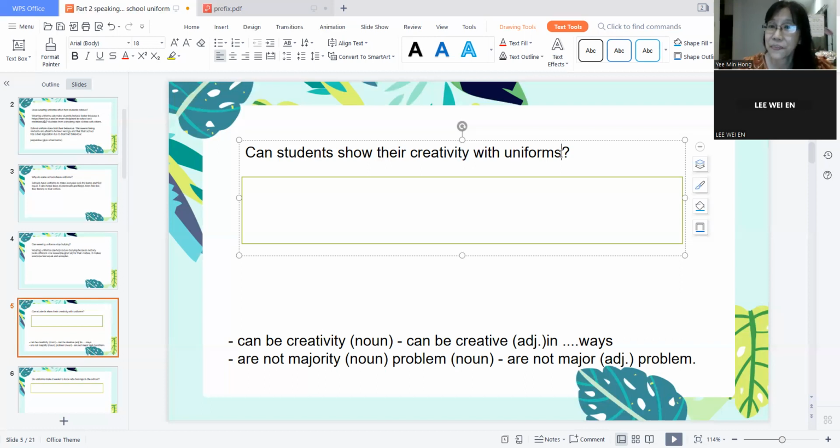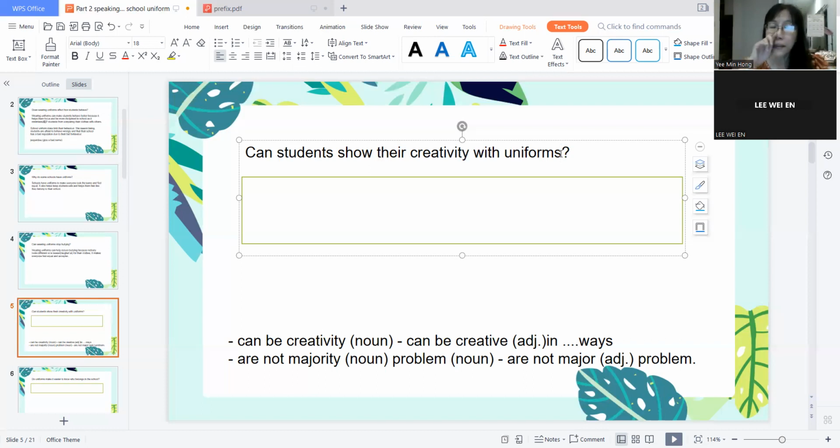And prefects have different clothes from others, like they wear a blue shirt, which is not the same as the normal students. So I think it shows creativity, and different schools will design different types and colors, and it is identical to their school. So it shows creativity for students.